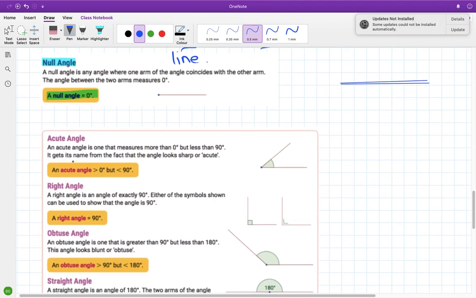Next one, now here's some you might have heard of, right? An acute angle. Okay, so an acute angle, now it has it there in real kind of mathsy language, but an acute angle is over here.